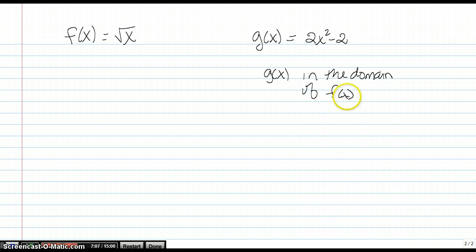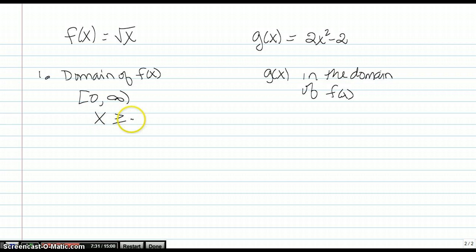So algebraically, you would first find the domain of f of x. Step 1, domain of f of x. Well, our domain of f of x is from 0 to infinity, including 0. As an inequality, that would look like x needs to be greater than or equal to 0.